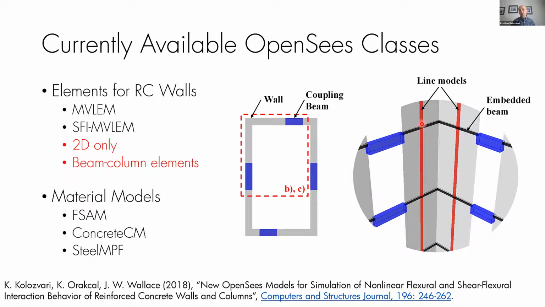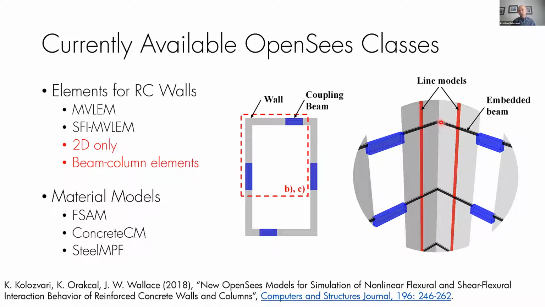So a lot of times what we have to do, if we want to do this with current tools in OpenSees, you can, for example, choose either a displacement-based or force-based element, but you would have to have some kind of embedded beams to connect the center line of your wall element to the beam, right? And that's cumbersome. It's not really a problem or anything like that, it's just cumbersome.